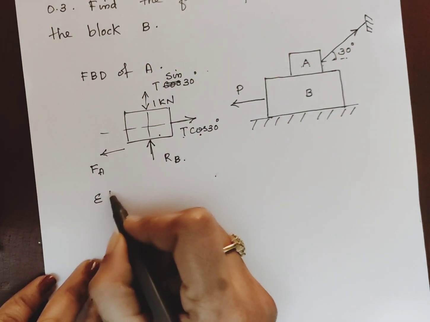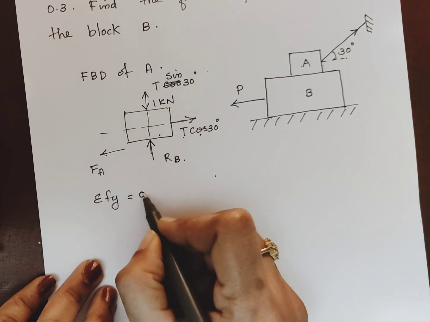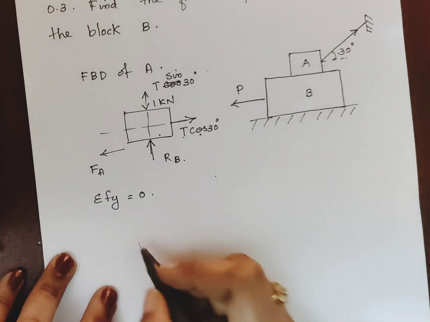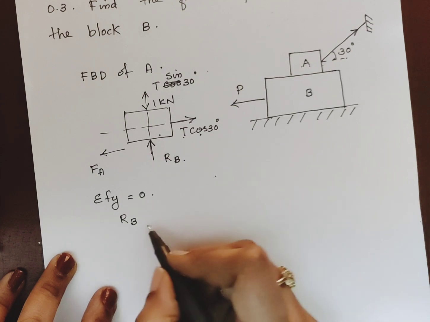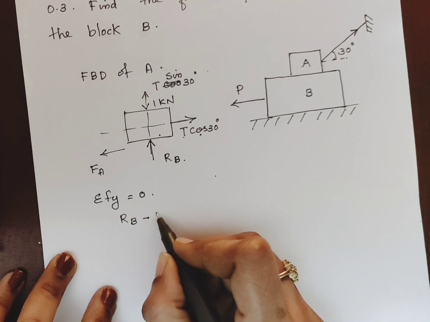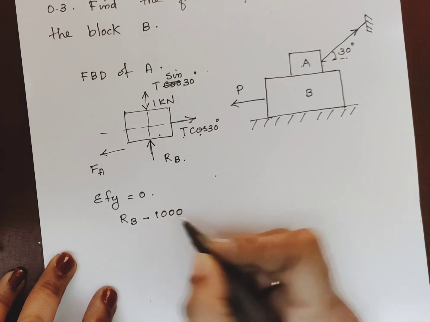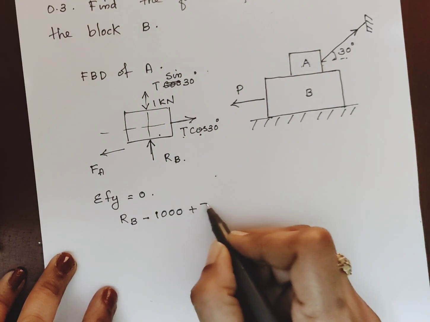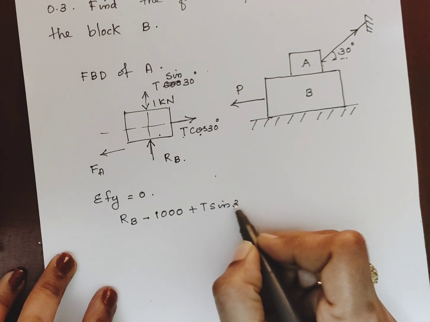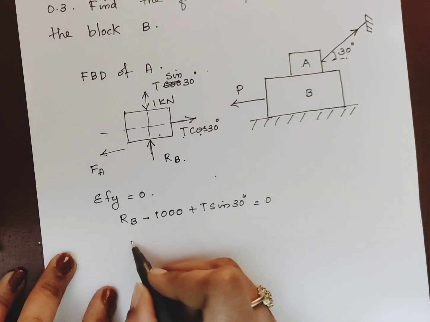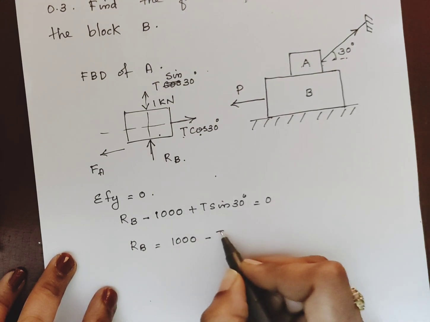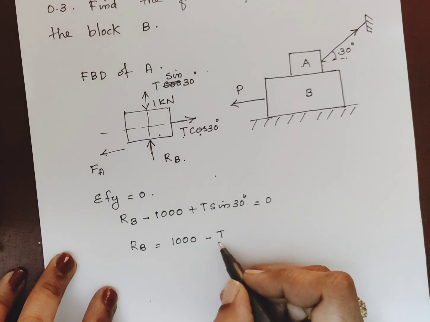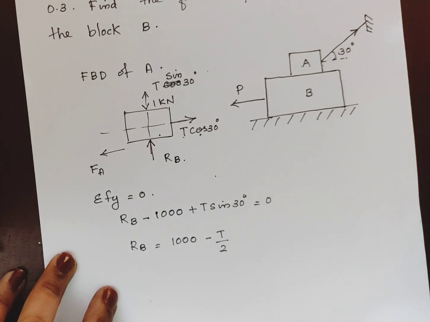First equation we are using as sigma Fy is equal to 0. So RB minus 1 kilonewton, that is written as 1000 Newton, plus T sin 30 degree is equal to 0. So RB is equal to 1000 minus T, sin 30 is half, T by 2.